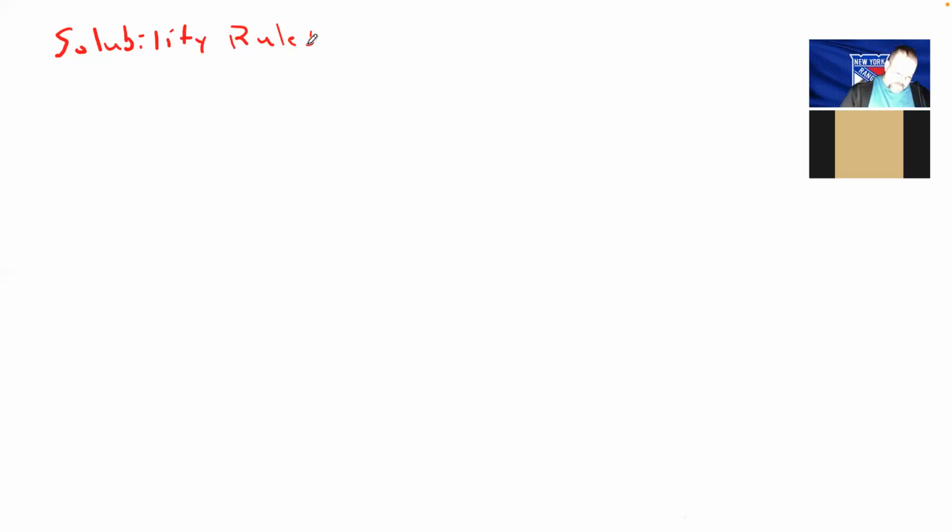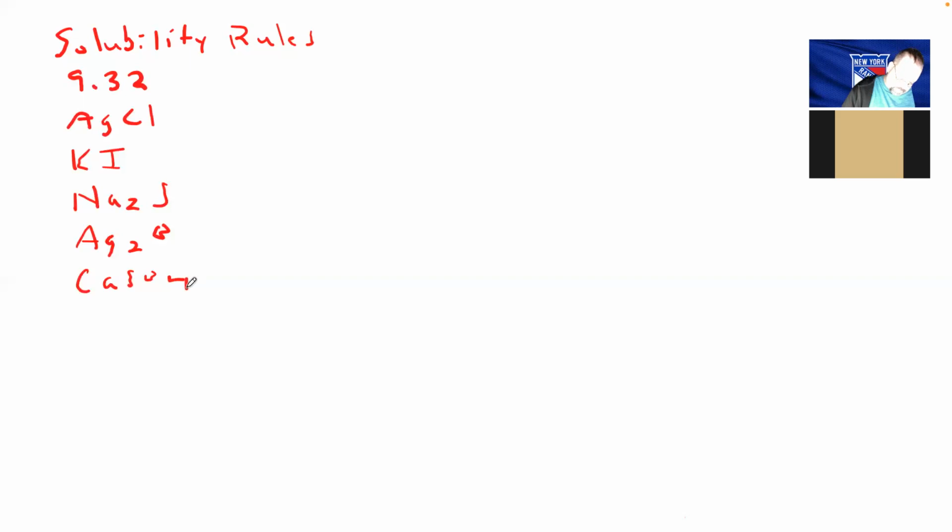Okay. So let's just take a look at 932. And here's the compounds. We've got AgCl, we've got KI, we've got Na2S, we've got Ag2O, and we've got CaSO4. Okay.